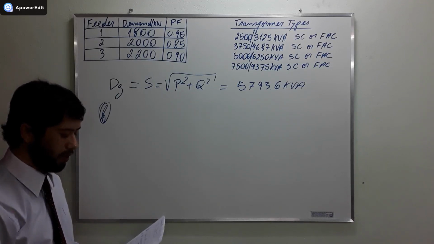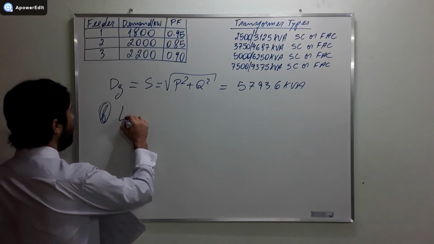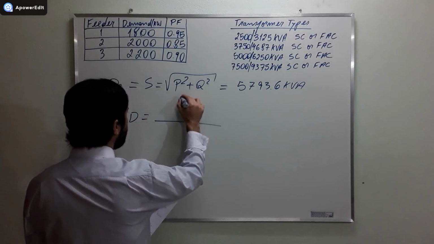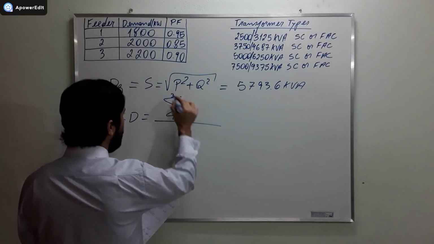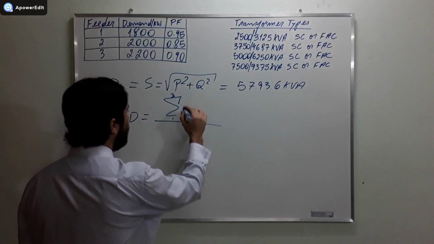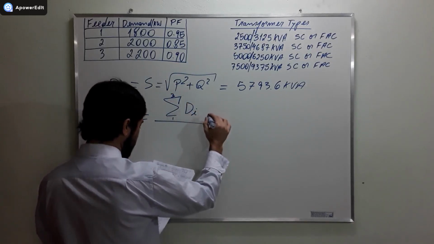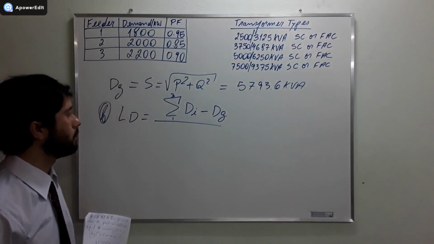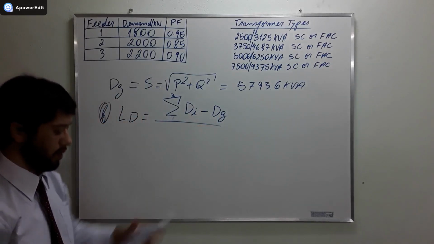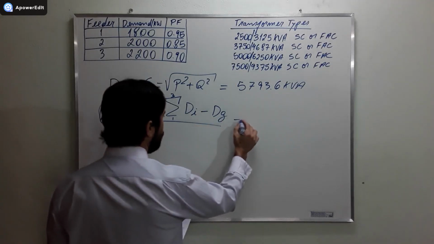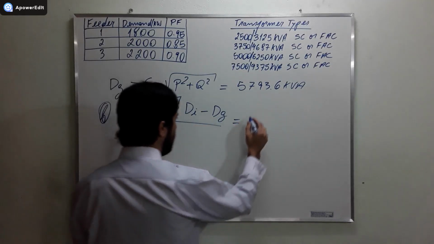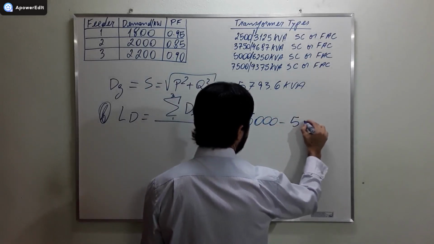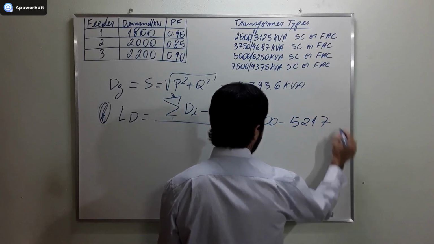To find the load diversity, we use the expression LD is going to be equal to the summation from 1 to 3 of the individual loads minus the diversified demand. And it is equal to 6,000 minus 5,217.